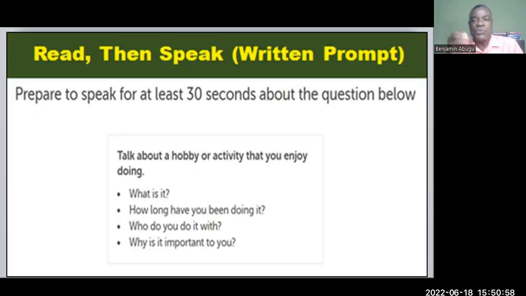So make sure you choose the appropriate words, what we call register or vocabulary. According to Jonathan Swift, a notable English scholar, putting proper words in proper places is what makes you a professional, all right? So it's important. Then what else? You make sure you give examples where necessary, okay?